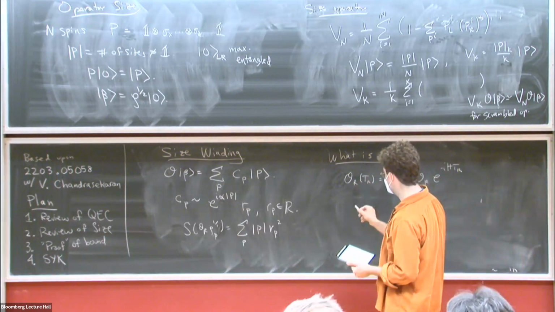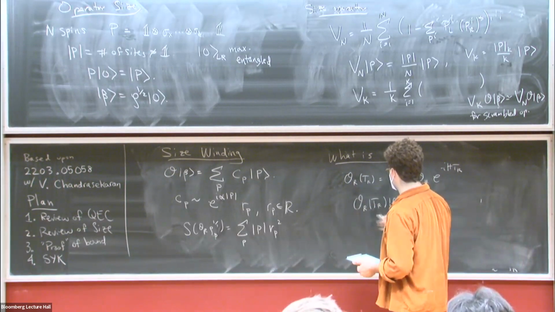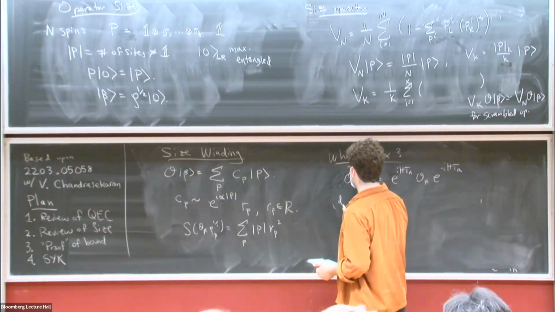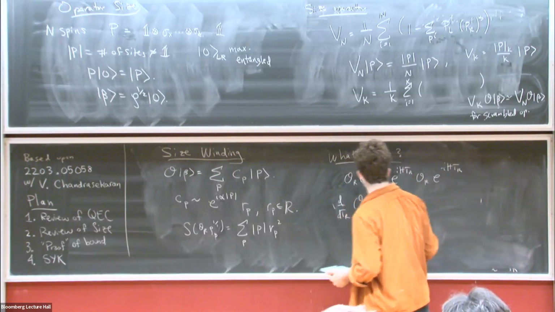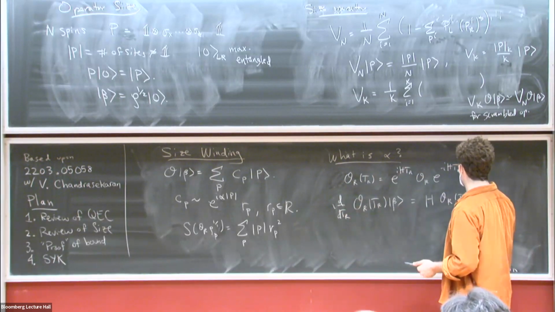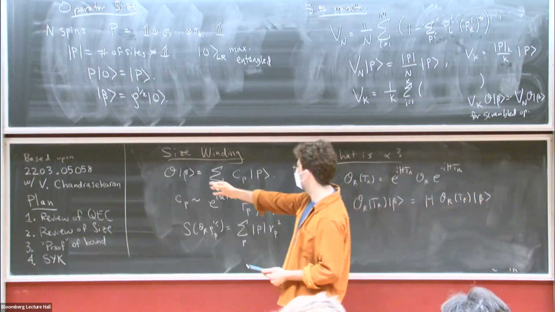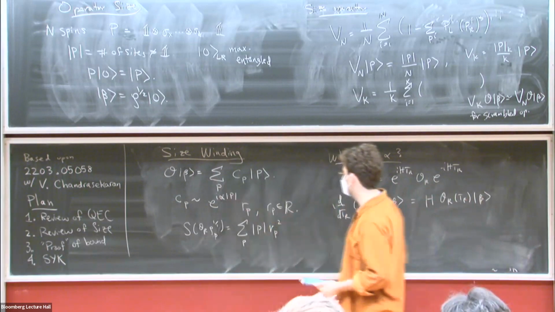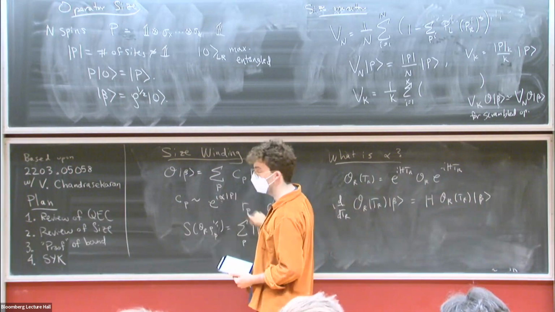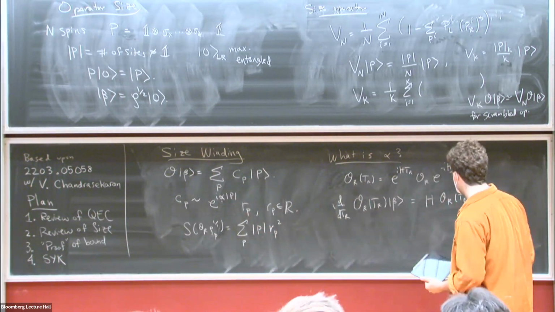We're going to assume this operator is size winding, so this state has an expansion like this. You can take its time derivative, so you get Schrodinger's equation, which says H O_R(t_R) beta. Then you can take this ansatz and differentiate it. When we time evolve O, alpha and r_P both depend on time in principle, but those are the only two things that depend on time.